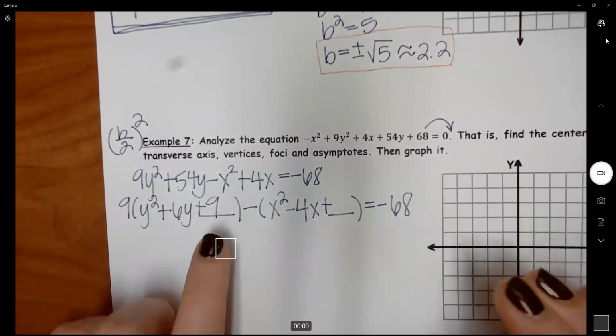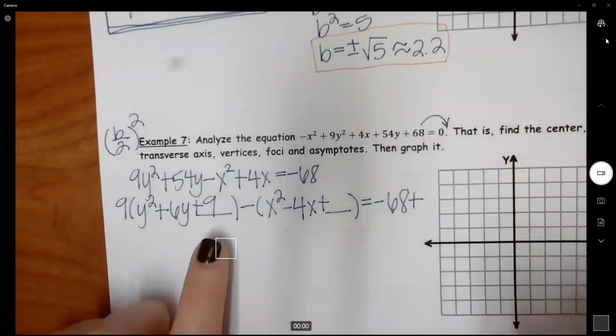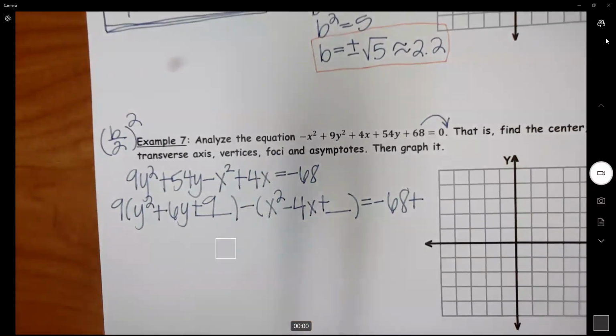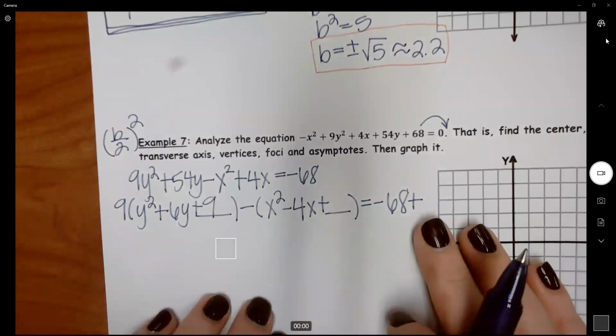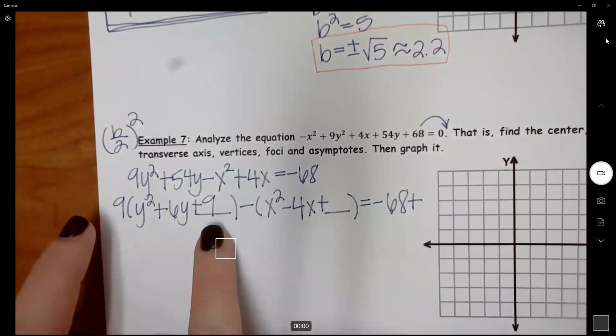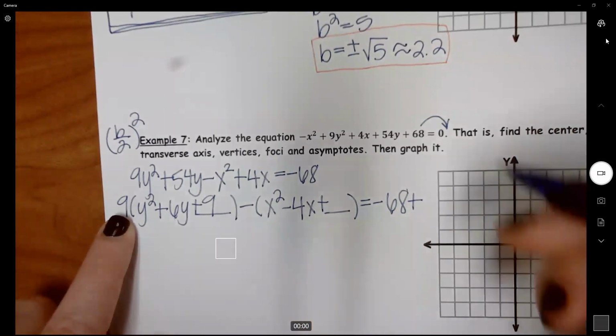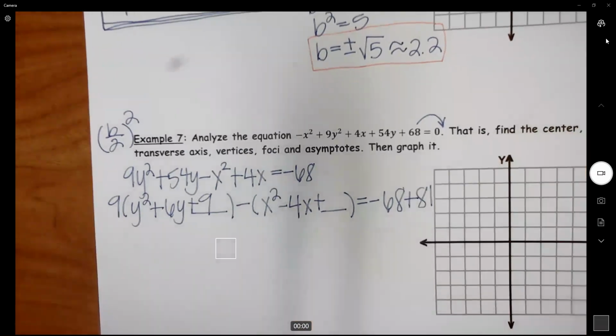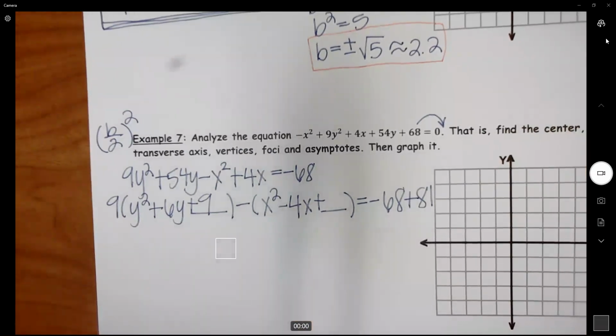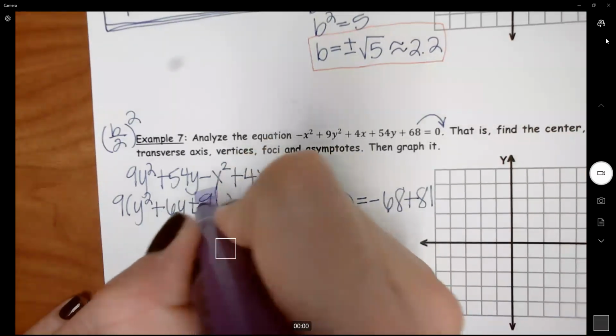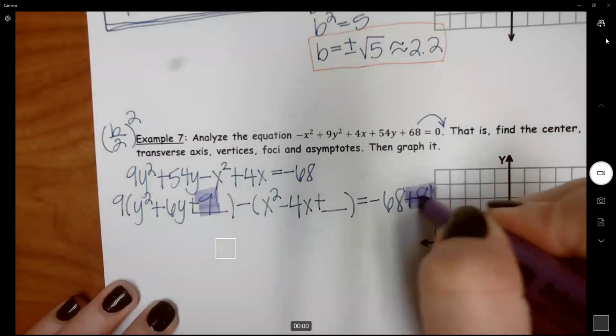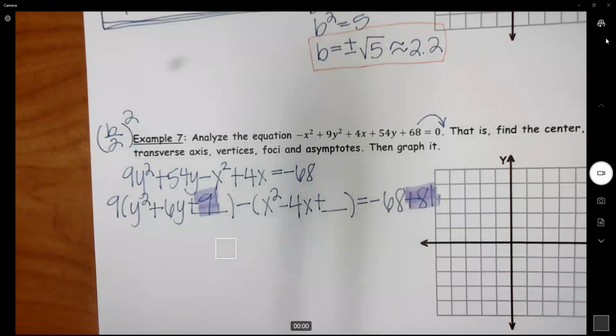Now, what I add to one side, I do have to add to the other. But I did not add 9. What did I add? I added 9 times 9. So I added 81 there. So when I add 9 here, it becomes plus 81 there.